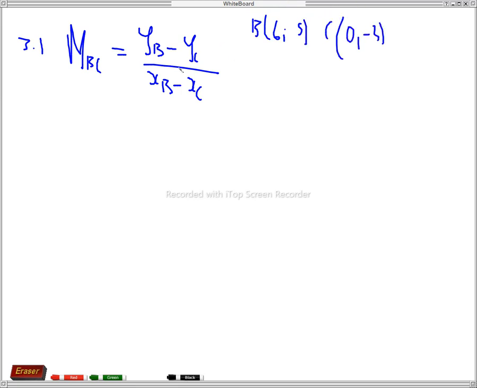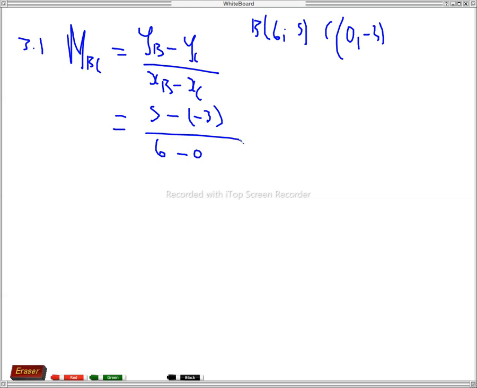I'm just writing those coordinates here so that I save time moving up and down, you understand? So let me substitute my values. The y of B is 5 minus the negative 3, which is y of C, and then the x of B is 6 minus 0.